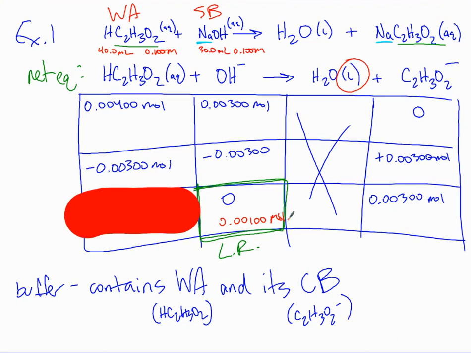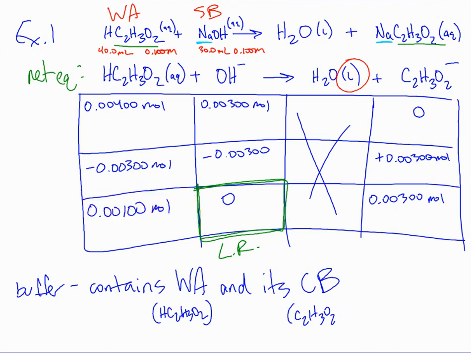Now we had a basic solution. So those are the other alternatives, but the way we ended up here, we had both acetic acid and acetate. Simplest definition of a buffer solution.